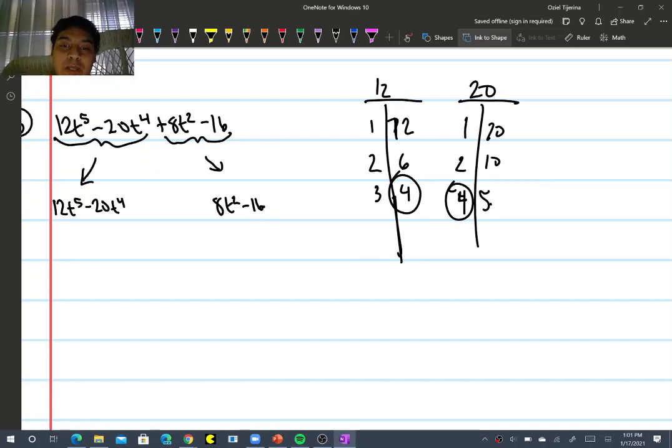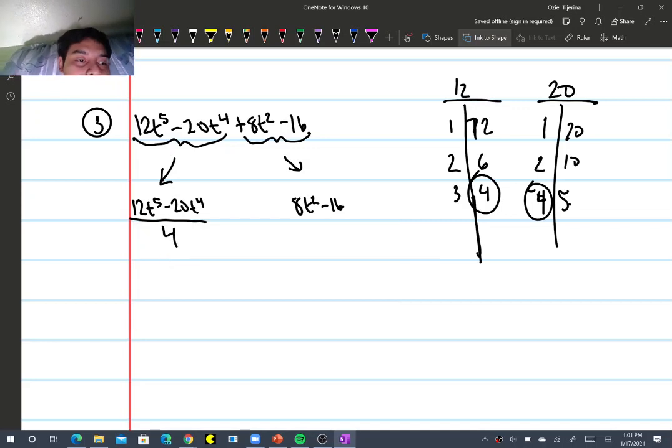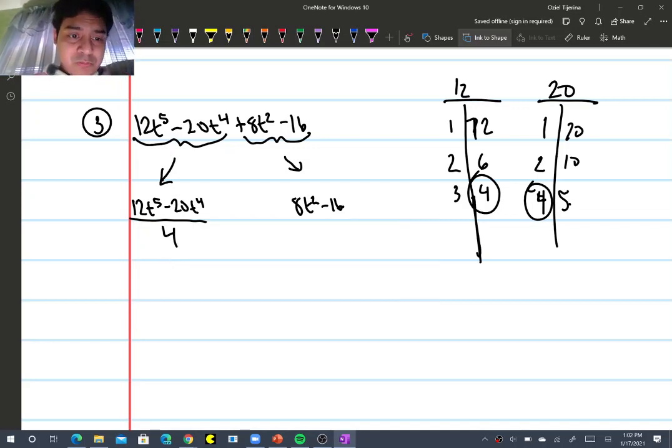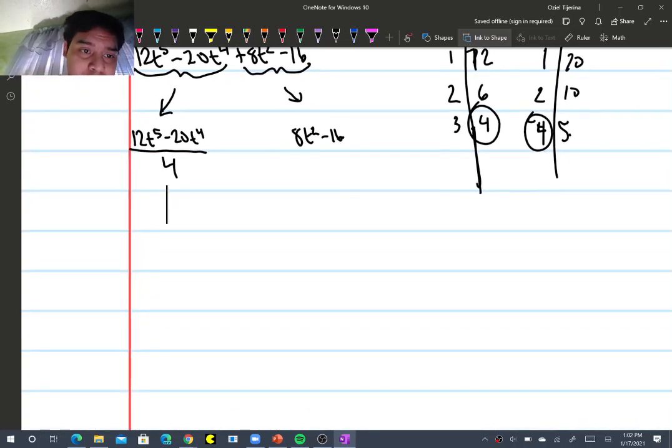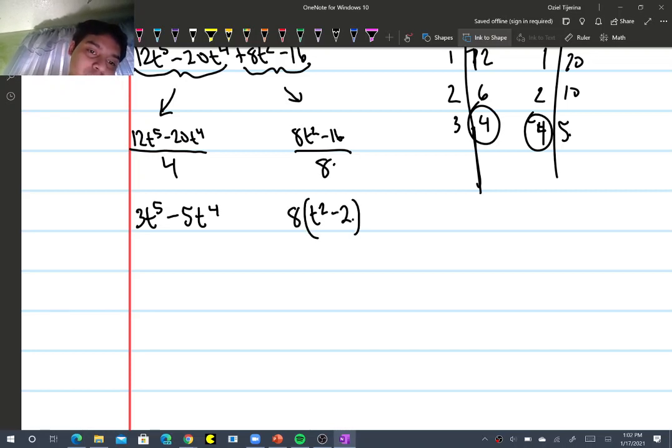So we can factor out a 4 from both of these. 12 divided by 4 is 3t to the 5th, and 20 divided by 4 is 5. For 8t squared minus 16, both are divisible by 8, so you would say 8 times t squared minus 2.